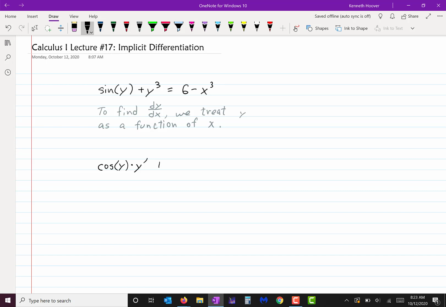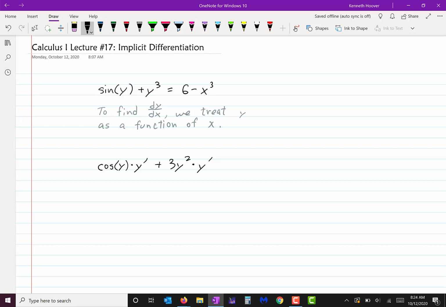Okay, and now plus, now what's the next one? So I have y cubed. So what would I do first? I would take that down, and I'd write 3y. Then I would subtract 1, and my exponent would be 2. And then because of the chain rule, I would multiply that times the derivative of y.